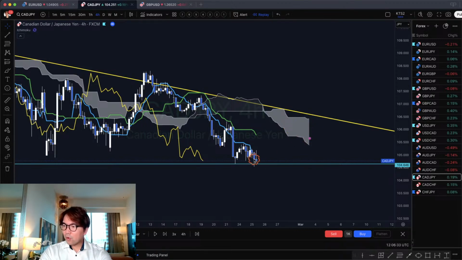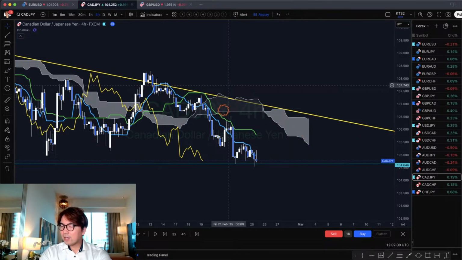Before the market breaks here, the Kumo shape was getting thicker. That means the area between Senkou Span B and Senkou Span A is getting bigger. This simply means that the sellers' pressure is getting bigger. Sometimes the Kumo goes just sideways.